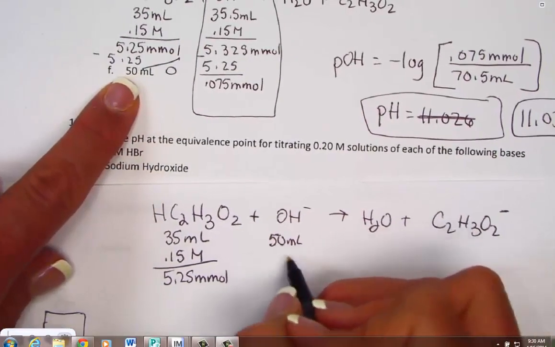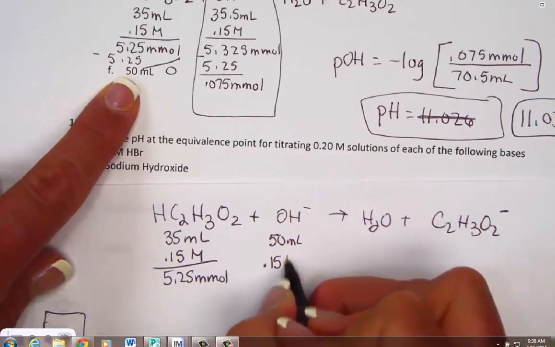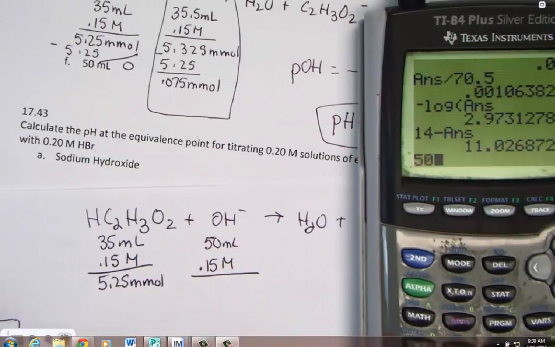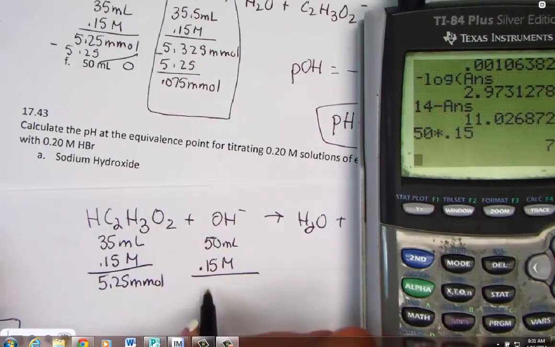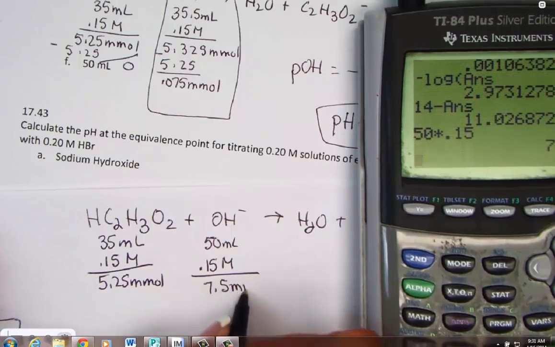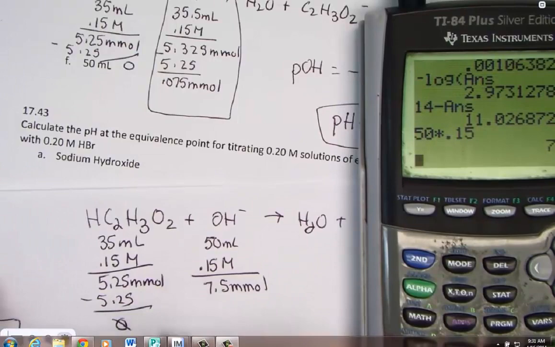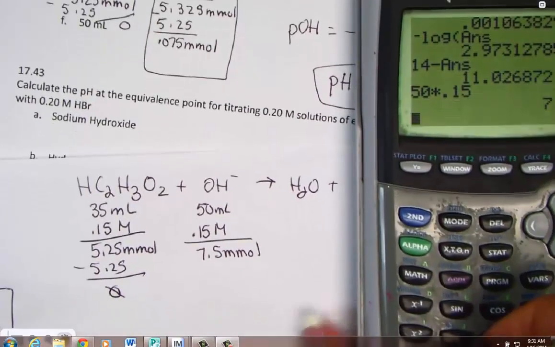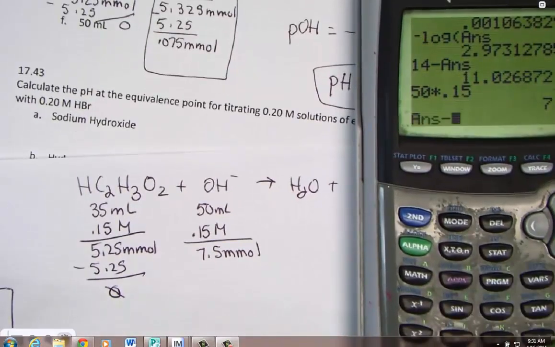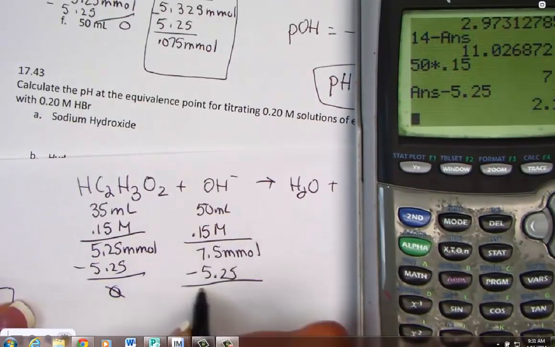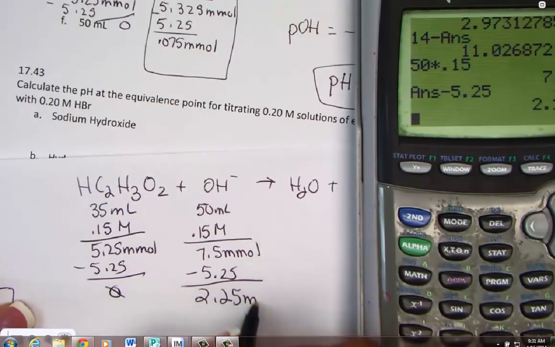Just ran out of room, so I'm putting new paper up. 0.15 molar. How many millimoles are there? 7.5 millimoles. So again, the acid is used. It is the limiting reagent. 7.5 minus the 5.25. Tell me how many millimoles remain of that strong base, which is 2.25 millimoles.